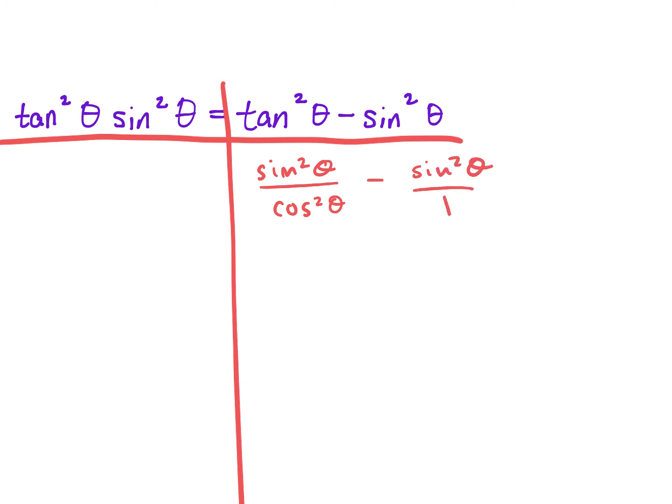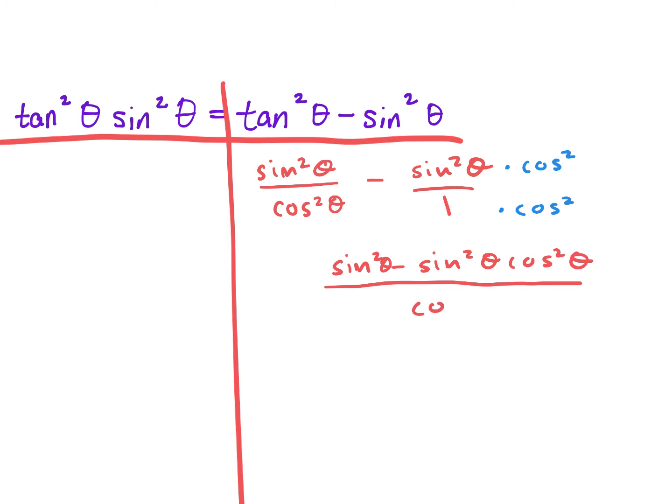Okay, so sine squared would be sine squared over 1. So for a common denominator, I have to multiply the top and the bottom by cosine squared. So then on the top, I have sine squared minus sine squared times cosine squared over cosine squared on the bottom.